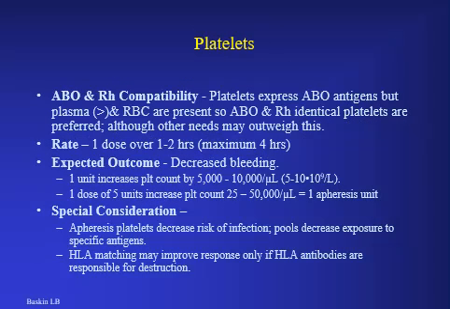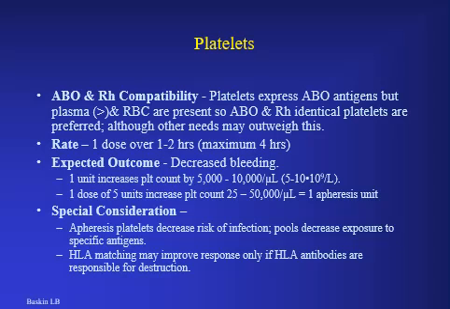As I mentioned earlier, platelets do express ABO antigens, but it's really the plasma and the red cells that are present in the platelet units that require ABO matching. Identical platelets are preferred, although sometimes other needs may outweigh this.